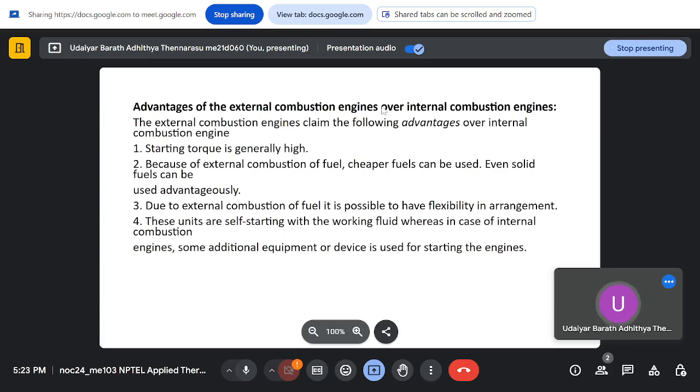But if you see external combustion engines, the starting shock is generally very high. Because of external combustion of fuel, cheaper fuels can be used, even solid fuels can be used advantageously. There is no flexibility in the case of external combustion. So these are self-starting. You need some additional device in case of an internal combustion engine.